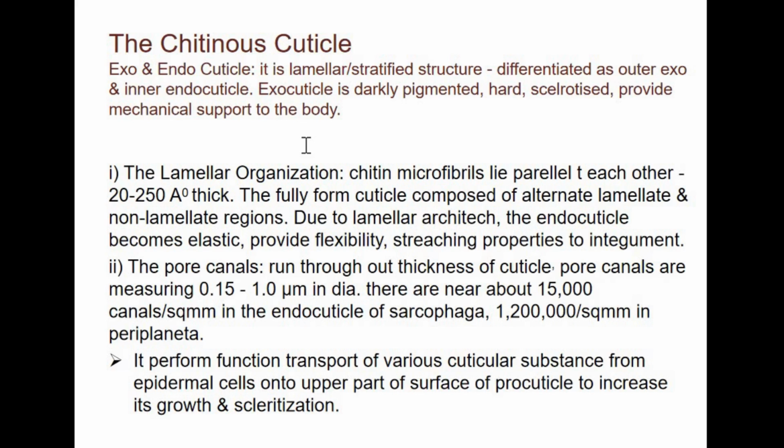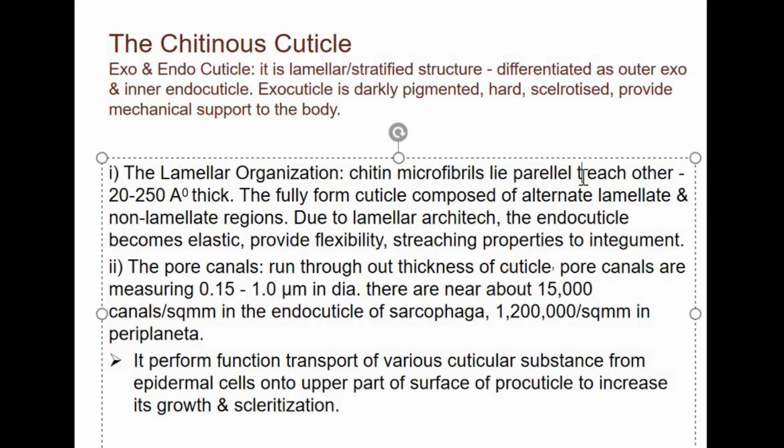Now the layers of the chitinous cuticle. The first layer is the lamellar organization. Here you can see the chitinous microfibrils which lie parallel to each other and often form groups of layers about 20 to 250 angstrom thick.